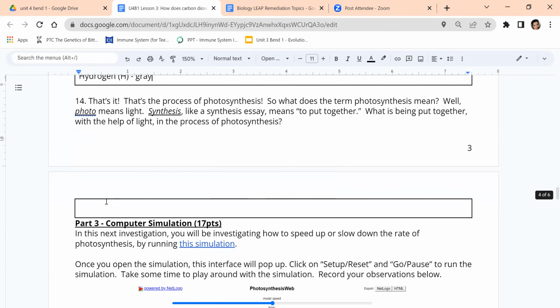So think about that for a minute. So photosynthesis is putting carbon, oxygen, and hydrogen atoms together.